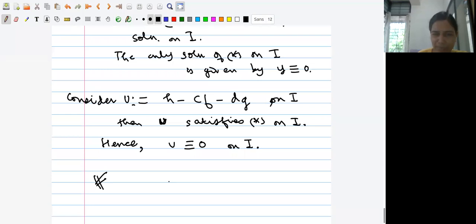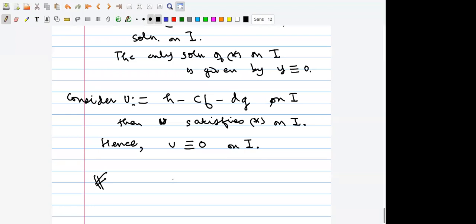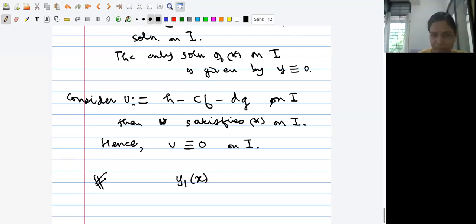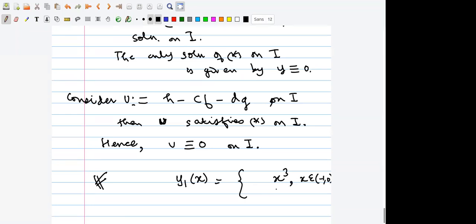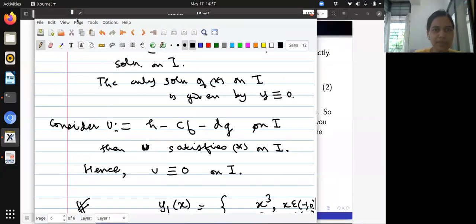Can you please say that again? I'll write it down. A function which is x cube when x is in -1 to 0. Okay, let me call it y1. So this is x cube on x belonging to -1 to 0, and 0 on the interval 0 to 1. And the function y2 is such that, give me a minute, let me add more pages to this file.